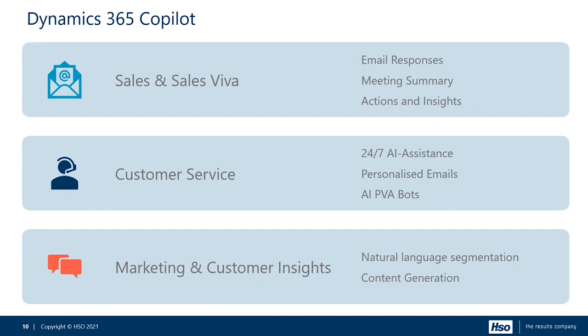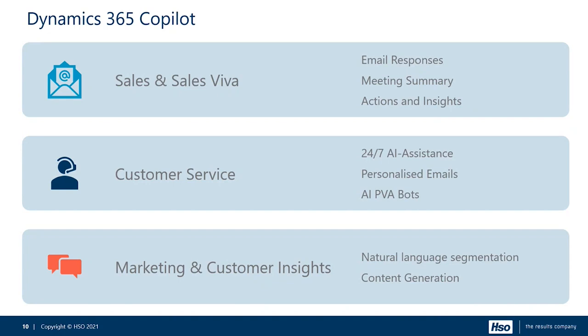And then AI PVA bots, so Power Virtual Agent bots, being able to use AI models on your websites to be able to scan and analyze the content on your website, to be able to provide the customer with the relevant information without actually having to build those conversation tree topics and so on.